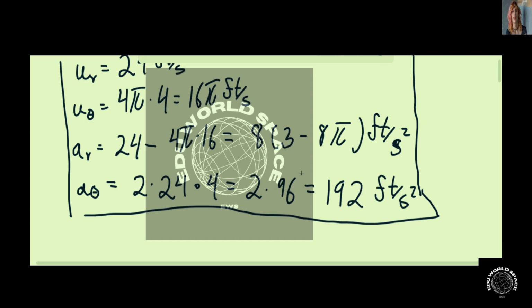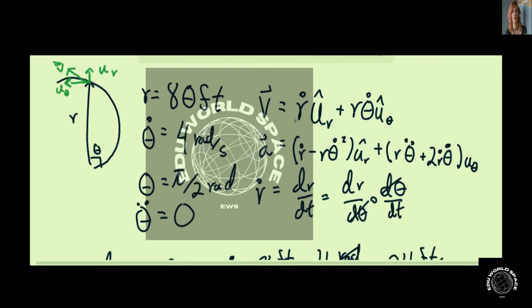And if we plug that into a calculator real quick, 3 minus 8 times pi is negative 22, times 8 is minus 177.